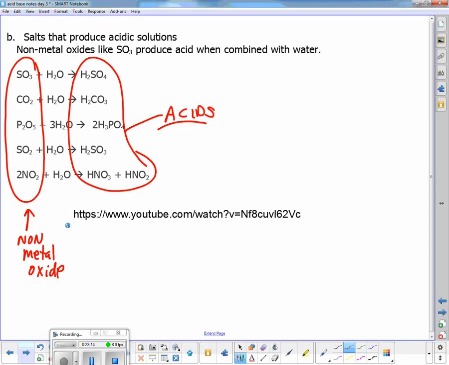So if I take a salt or an oxide and I put it in water, I'm probably going to get an acid or a base. Okay? Acids have hydrogen, hydrogen at the first. So non-metal oxides give us an acid. Metal oxides give us a base. All right, let's go watch this little video here.